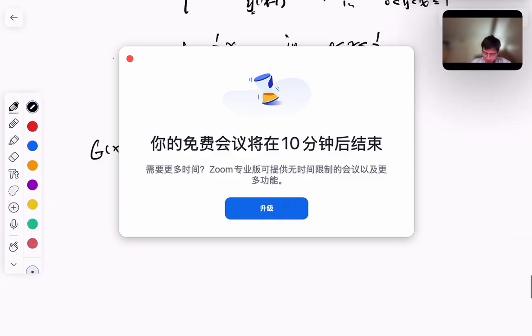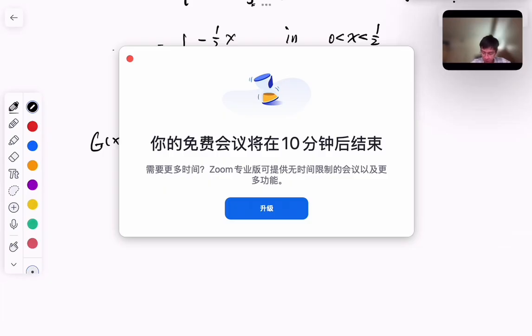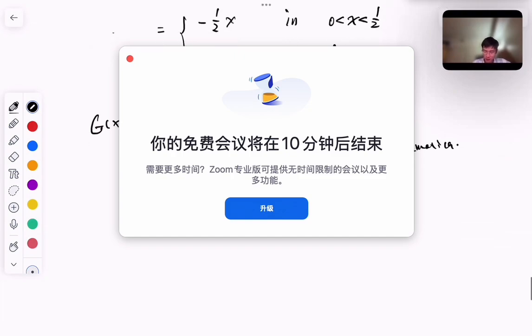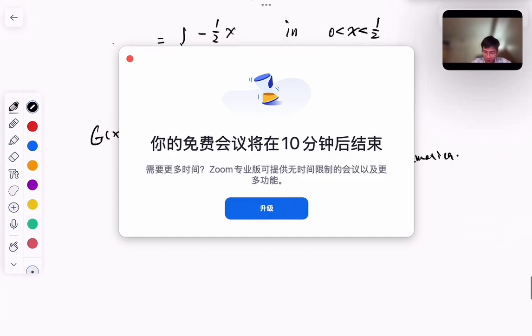If we want to plot this function, we need to use the math software, and we can plot this function and compare to this.